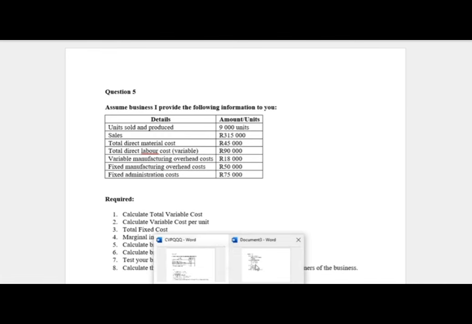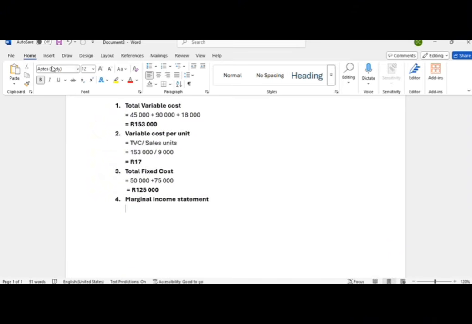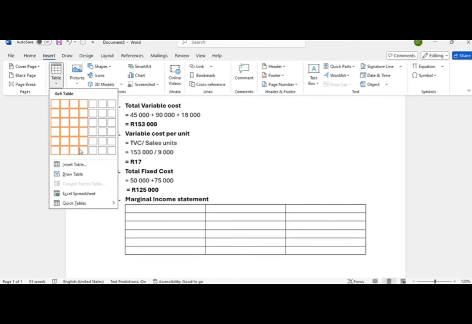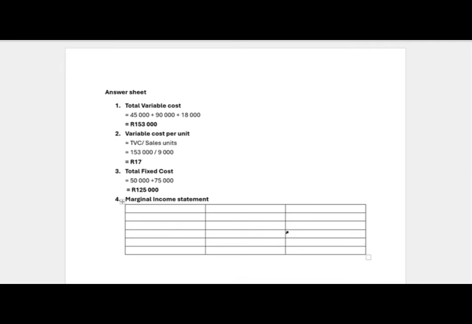So when we prepare it, we are going to insert a table there, and this is going to be our marginal income statement.